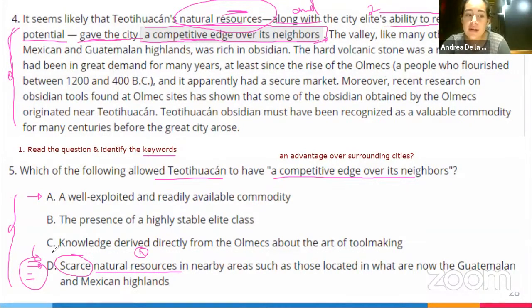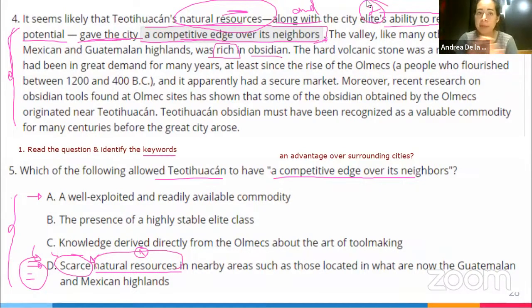They weren't actually scarce. They say the valley, like many other places in Mexico, in Guatemala and Highlands, was rich in obsidian, right? So obsidian were the main natural resources they had, and they were rich in those resources. They weren't scarce. So even if it contains what we have already identified, first of all, we notice that it's missing the second part.